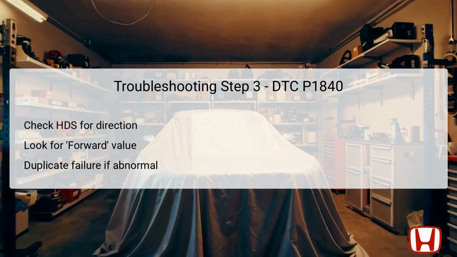If this value is anything other than forward, it indicates a failure that has been duplicated. This result reflects a malfunction either in the CVT speed sensor or the TCM, necessitating further examination. It's vital to interpret these readings accurately, as they will guide your troubleshooting efforts and determine the necessary repairs.